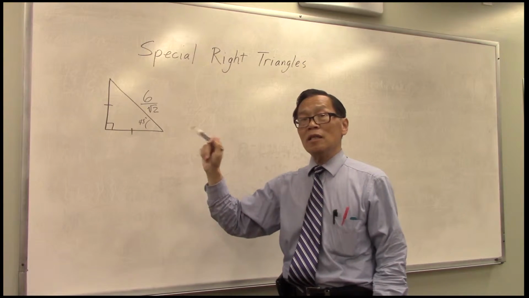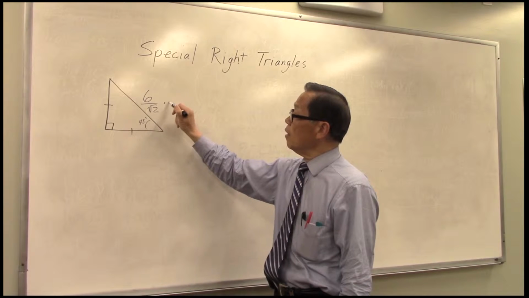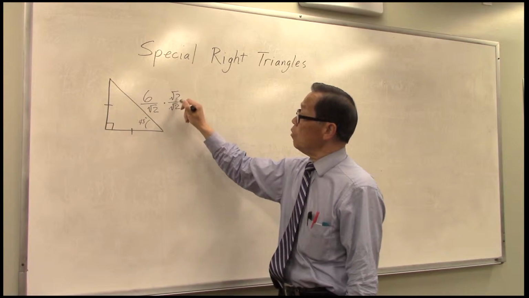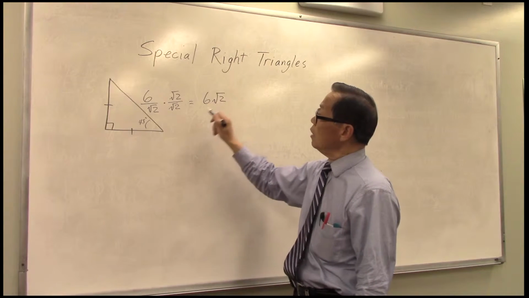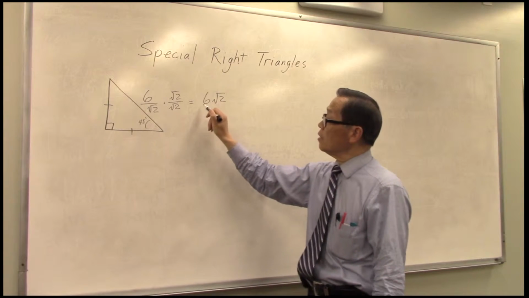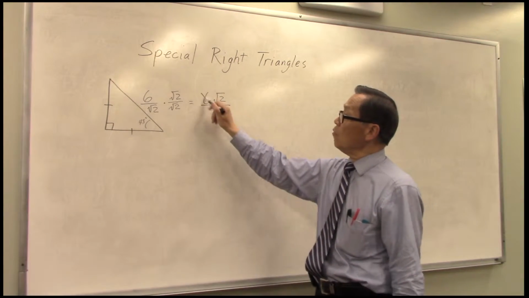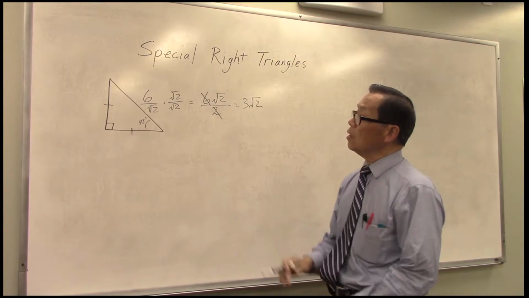But this needs to be rationalized. So therefore, you have to multiply by radical 2 in the denominator and a radical 2 in the numerator, so that you can get 6 radical 2, and this will rationalize radical 2, give you a whole number 2. And if you reduce this, this will give you 3 radical 2.